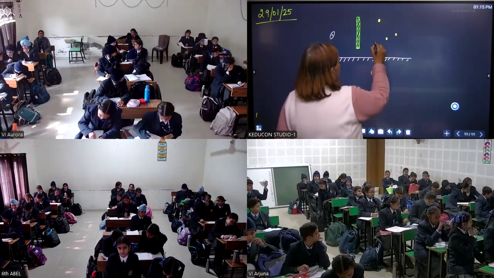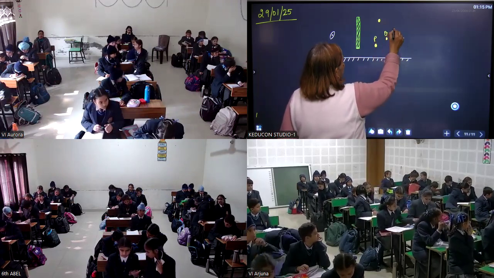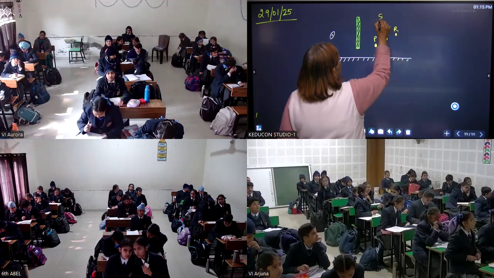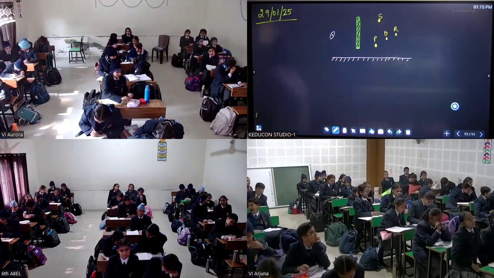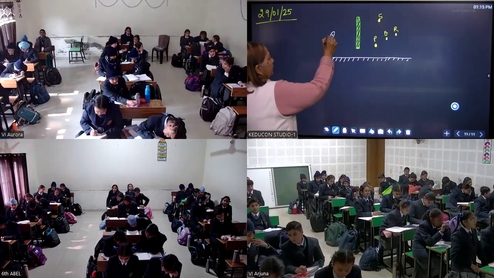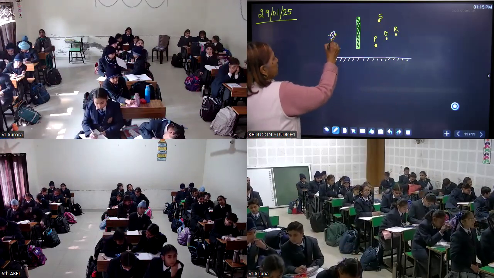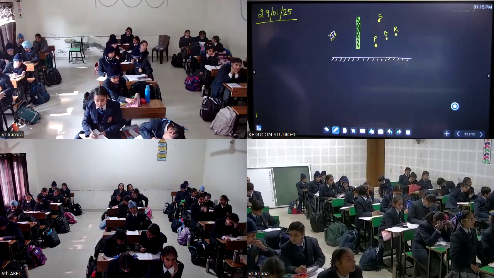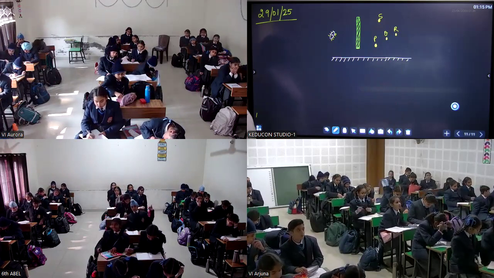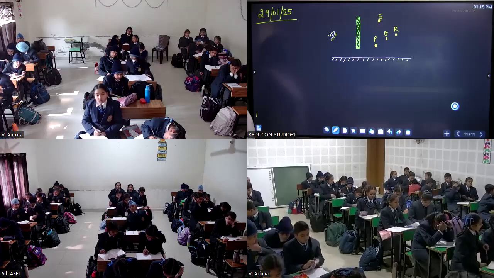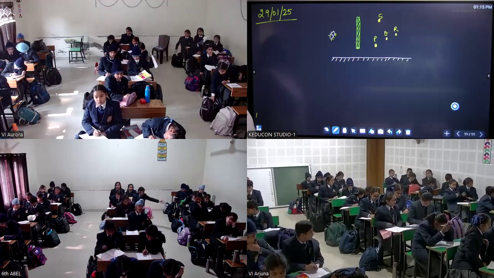Let us say P, Q, R and S. These are the 4 bulbs. This is the observer. These are the eyes. So which bulb? Write down the question. Which bulb can be observed by the observer in the mirror?